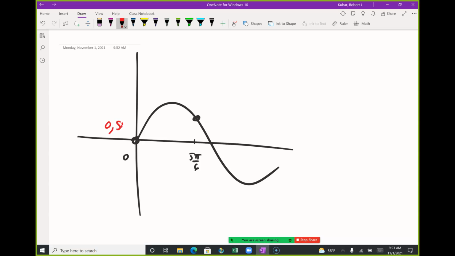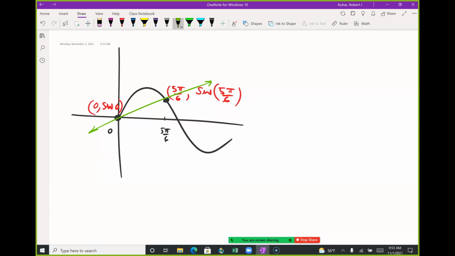So 0 comma sine of 0 and 5 pi over 6 comma sine of 5 pi over 6. It should be pretty obvious that sine at 5 pi over 6 is positive because the curve is above ground. But I still want that same process, right? So I have an x1, y1 of 0, sine of 0. Can I simplify that at all?